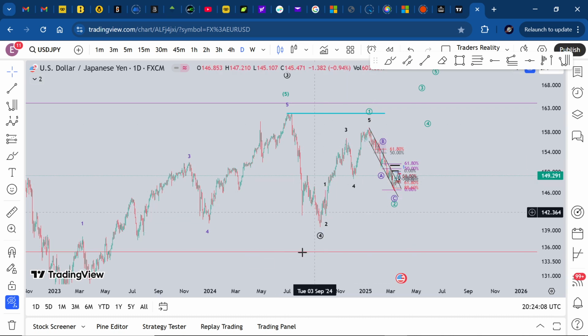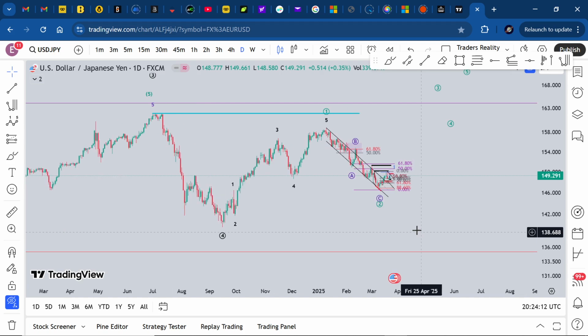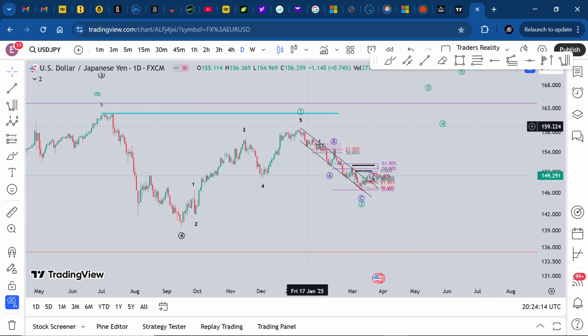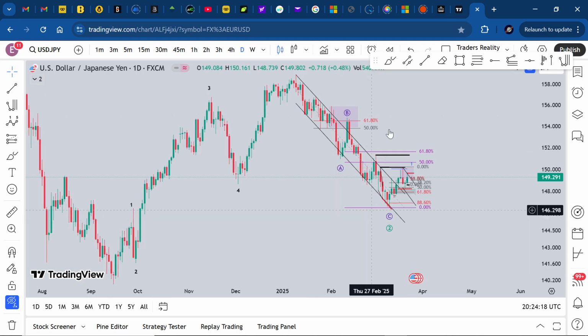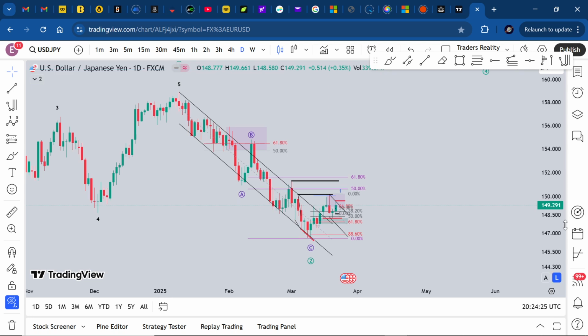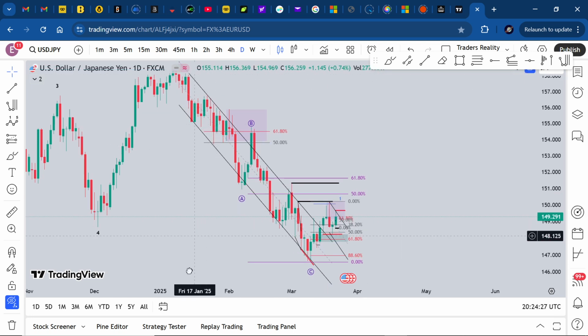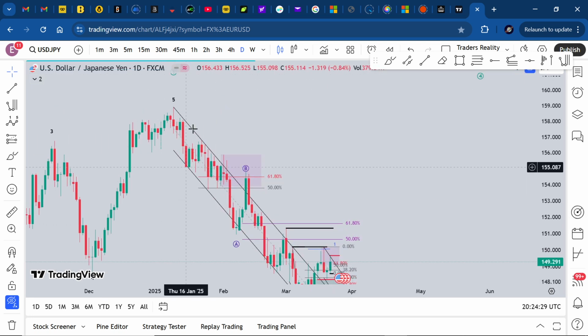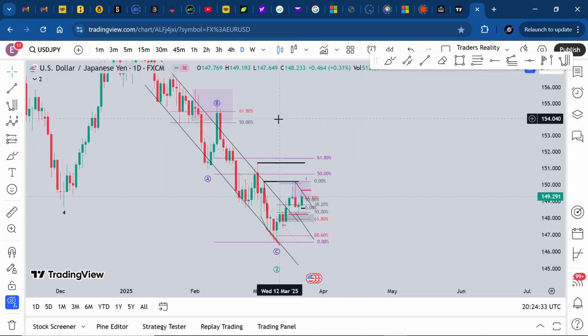I'm currently of the bias that all I'm looking for is a three-waver down to buy, and this looks like a zigzag, a three-waver. Yeah, a B, a C, okay, as in a 5. 1, 2, or 1, 2, 3, 4, 5. Choppy, but 5.